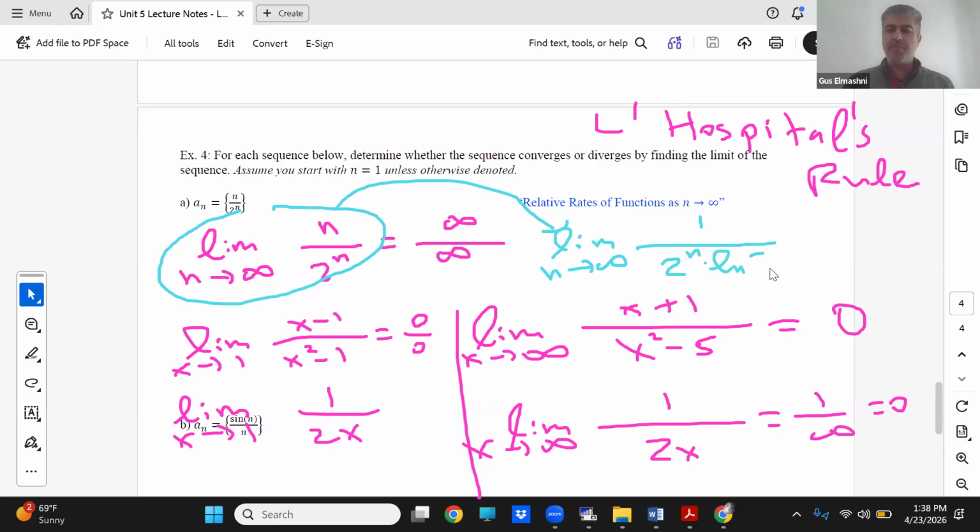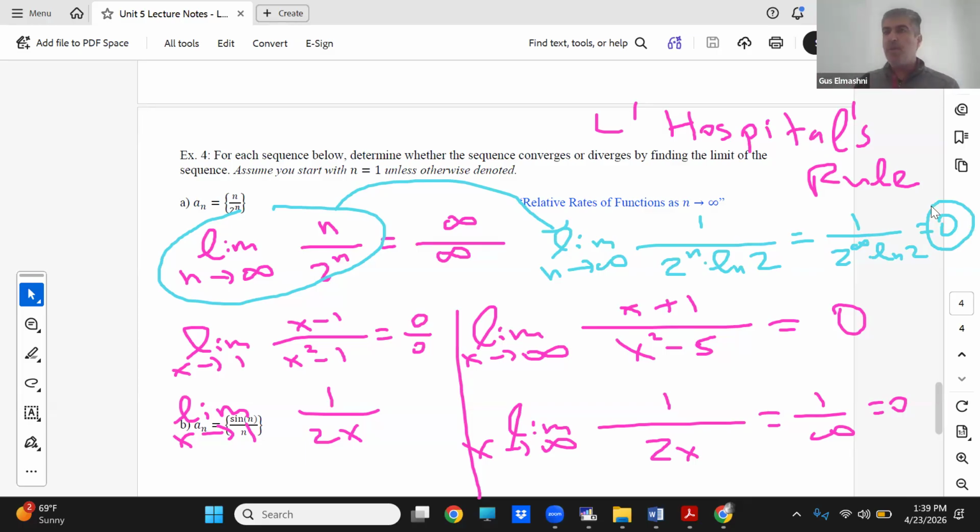Times ln 2. Now, if I plug in infinity, what does all that become? 0. Good. We talked about this. I'm glad.